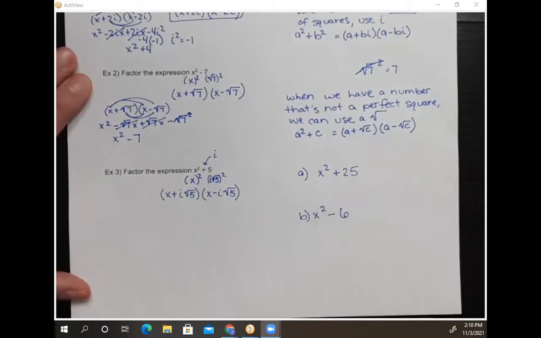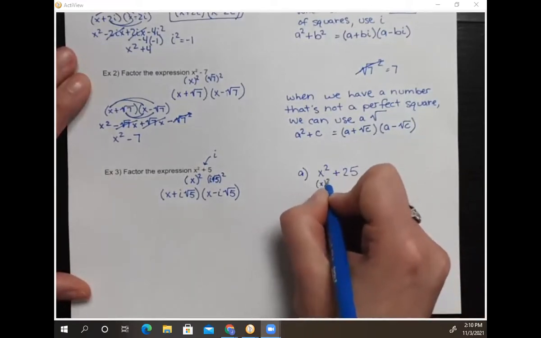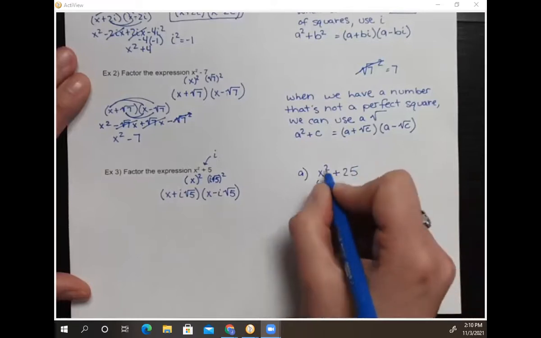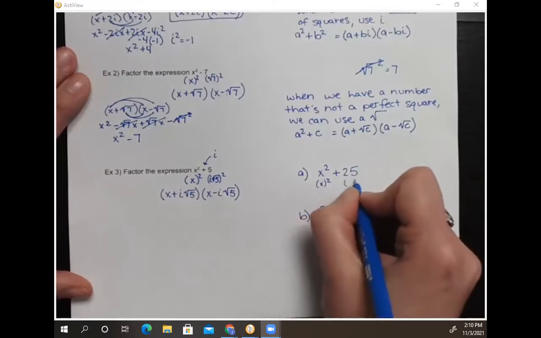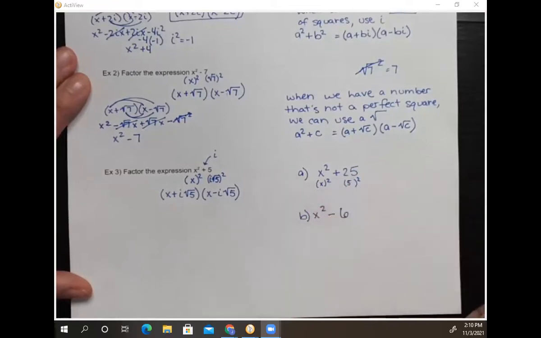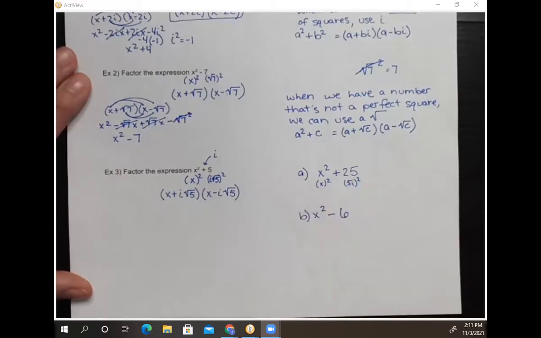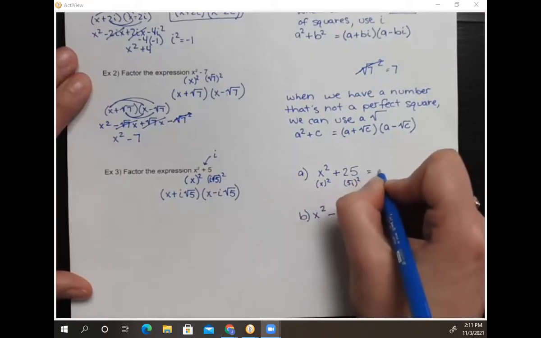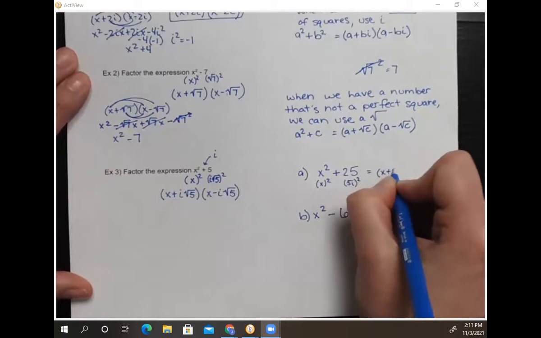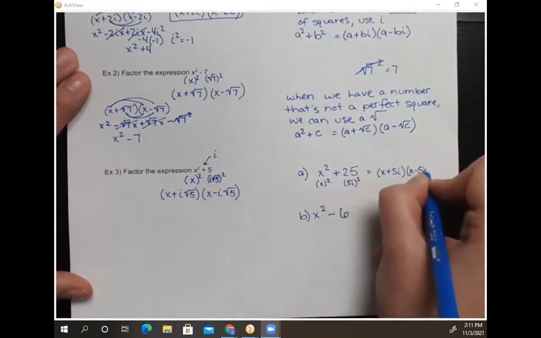But let's take a look at these. What would I square to get x squared? X. What would I square to get 25? 5. This is a perfect square. It has a nice square root. But since I've got a sum here, I need to use an i. So my factored form here would become x plus 5i times x minus 5i.